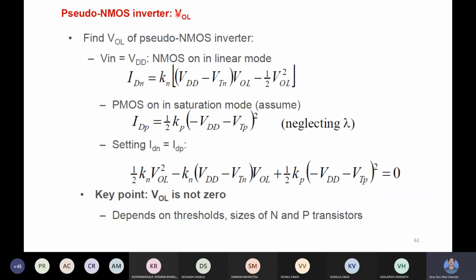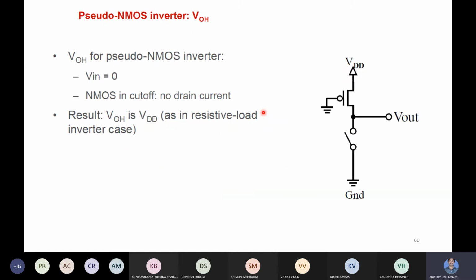And if you want to calculate VOL of the pseudo NMOS inverter, you have to consider input voltage equal to VDD. In this case the NMOS transistor will be in the linear region, so the current equation for the linear region will be utilized, with Vin equal to VDD and the output voltage VOL. The PMOS transistor is always in saturation, because the biasing is given in such a way.